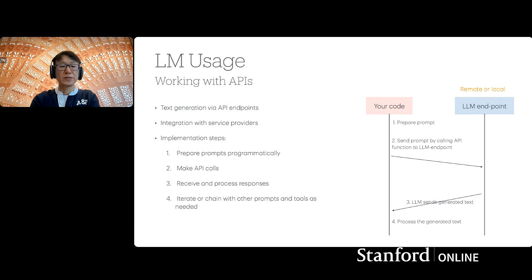So what does it mean to use API calls? Let's step back. The language model is taking natural language input text and then generating the output. So that means we need to prepare a certain form of free-form, natural language text, as an instruction or a question, and put it in a specific format so that you can make an API call towards the model provider.